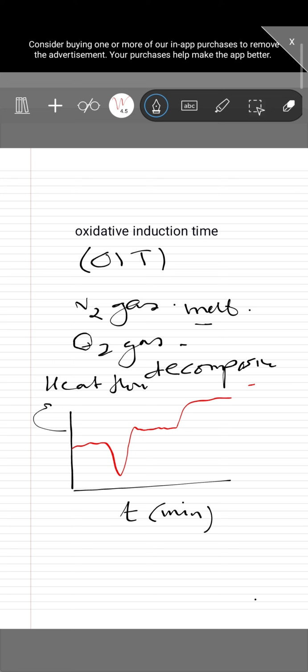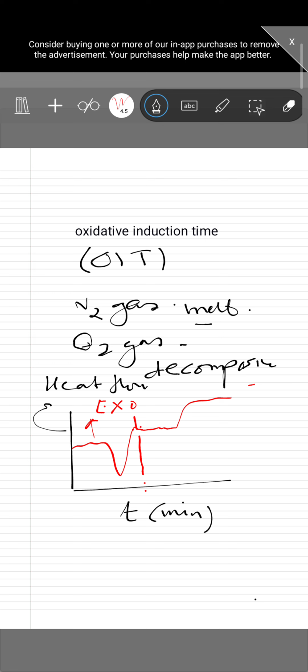This is how the plot looks. So initially there is an exothermic reaction, as you can see, and at this point the fusion is taking place.